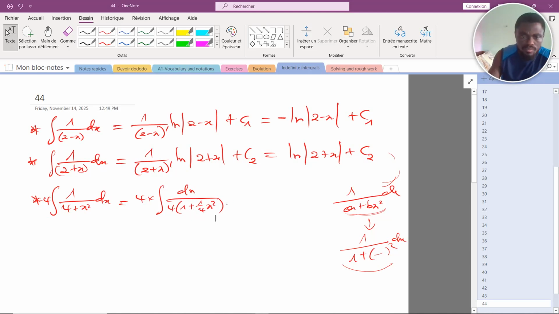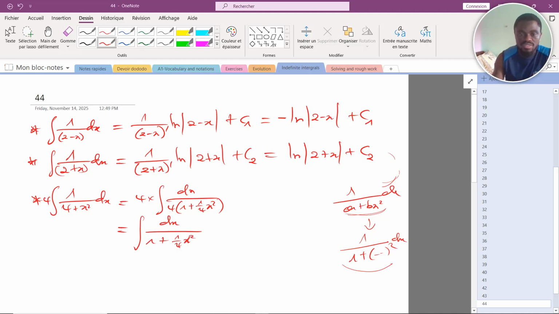Okay. So this will be equal to 4. Let me wipe this. So this 4 will cancel this 4. This will be equal to the integral of dx on 1 plus 1 on 4 x squared. Now, what are we supposed to do?